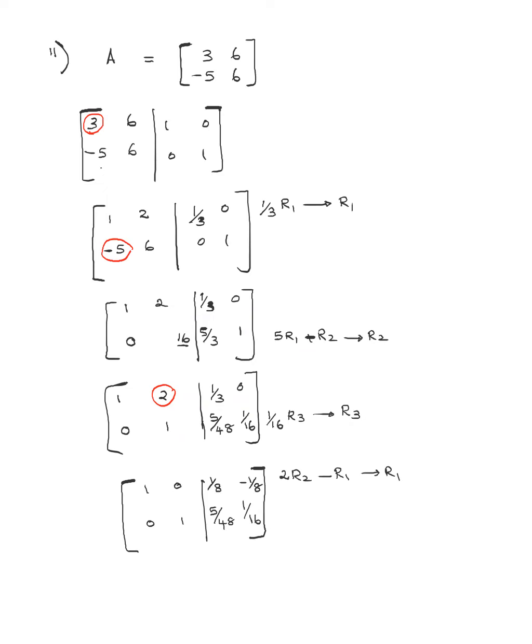So I got this one. The inverse of the given matrix is this whole matrix. This is our answer, which is 1/8, negative 1/8, 5/48, 1/60. So this is the answer for this question.